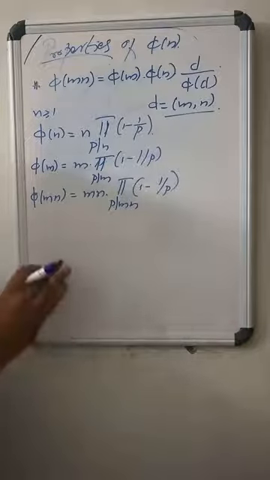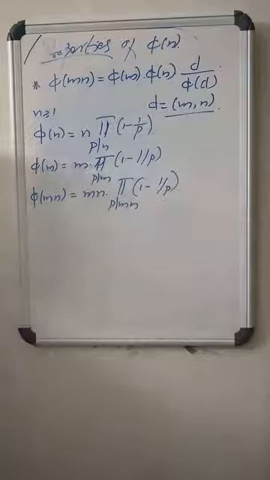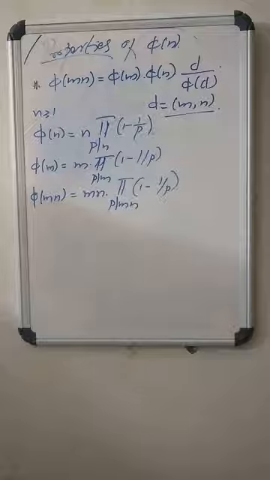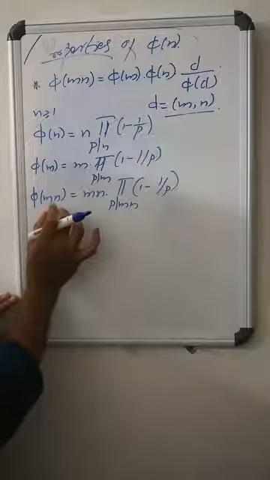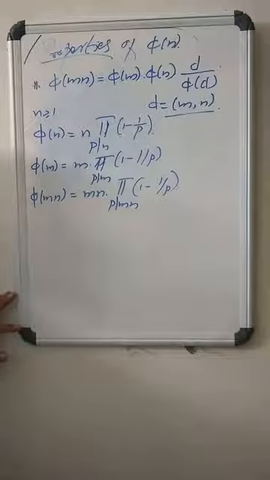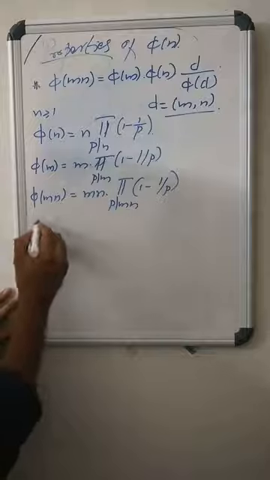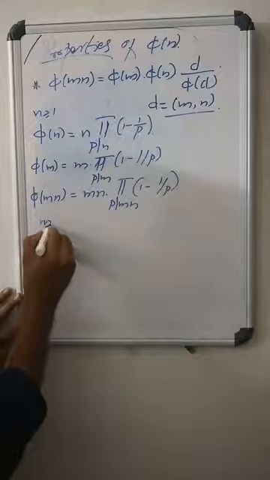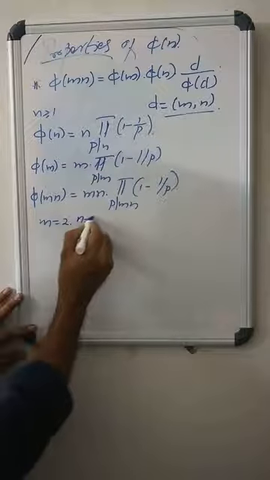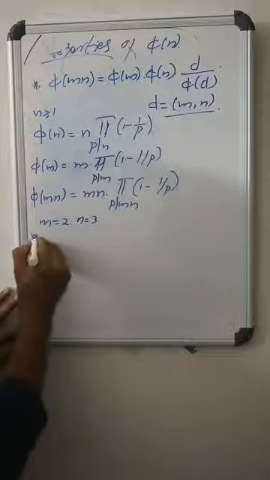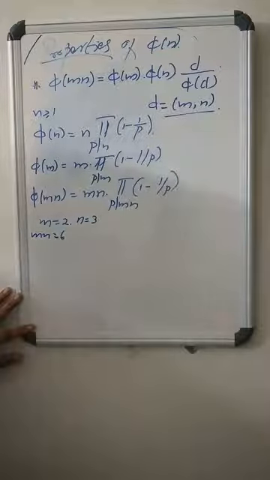Now, each prime divisor of mn is either a prime divisor of m or a prime divisor of n. Consider an example: suppose m equals 2, n equals 3. So mn equals 6.